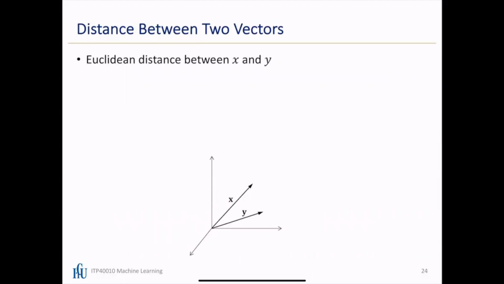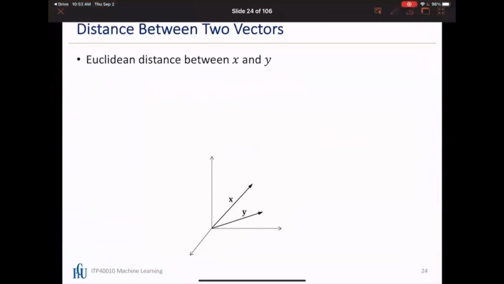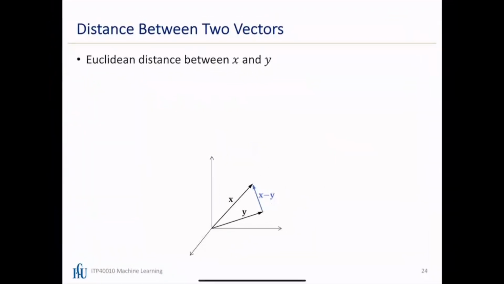Let's talk about the distance between two different vectors. Distance could be measured as the difference between these, especially the difference measured as x minus y. If you do so, then it has a direction, something like this. I believe I prepared an animation for that. So x and y can be represented in this way, and we want to measure the distance of x and y, x minus y.